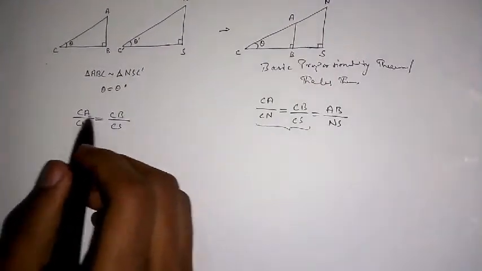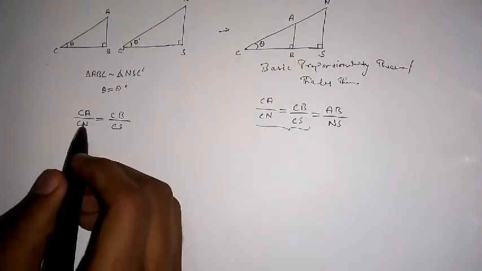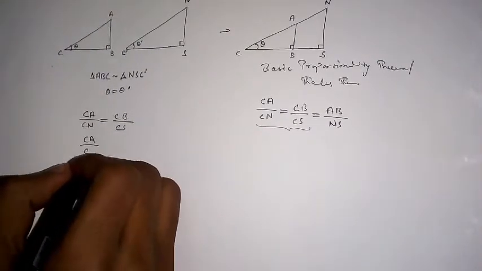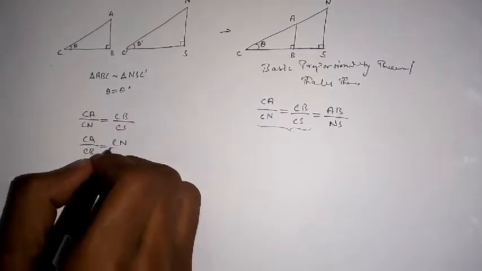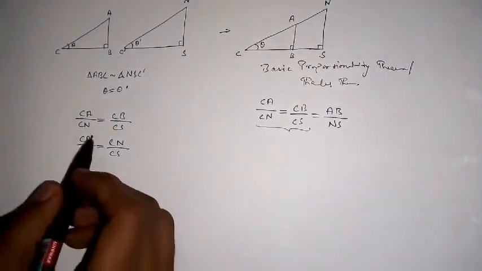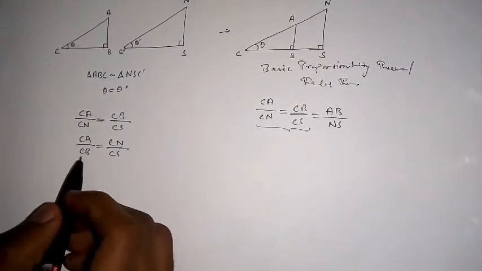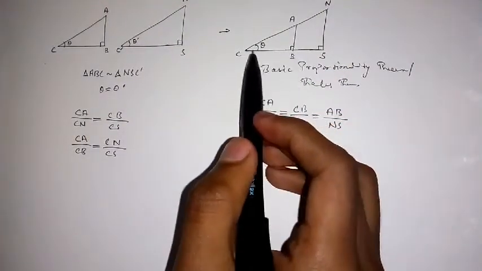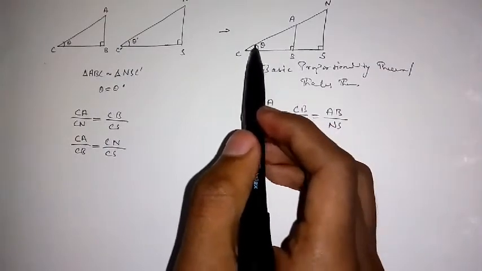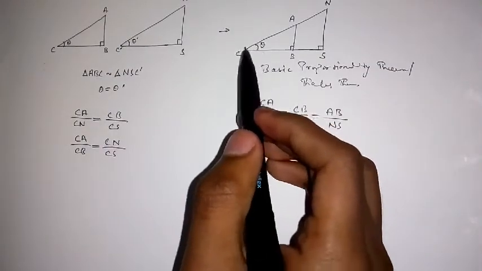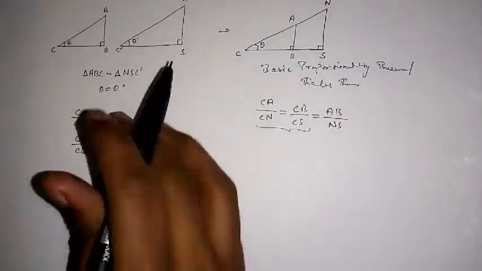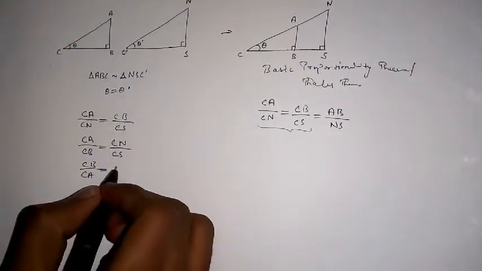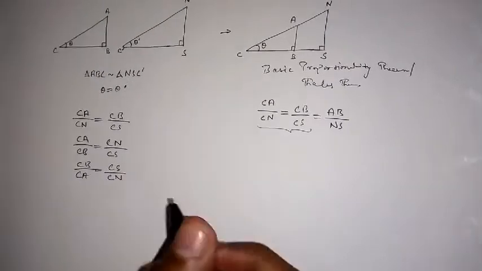Now if we take this CB right here and replace it with the CN, we'll have CA over CB equals CN over CS. Now let's have a look at this term CA over CB. We have the adjacent with respect to this angle theta and the hypotenuse. So let's do the reciprocal. We'll have CB over CA equals CS over CN.